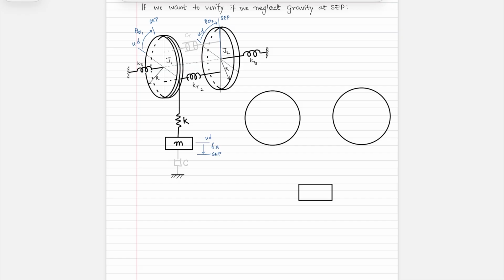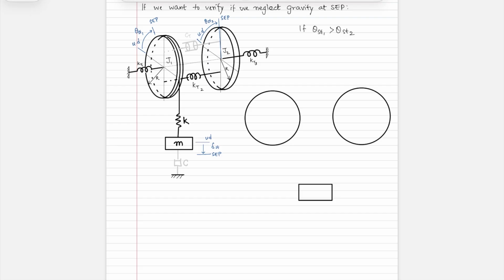And what are the values of that restoring torque? Well, it depends on theta st1 and theta st2. So let's first define that. So if let's say theta st1 is greater than theta st2, that says this one is rotating more than this one, the net twist is going to be theta st1 minus theta st2.